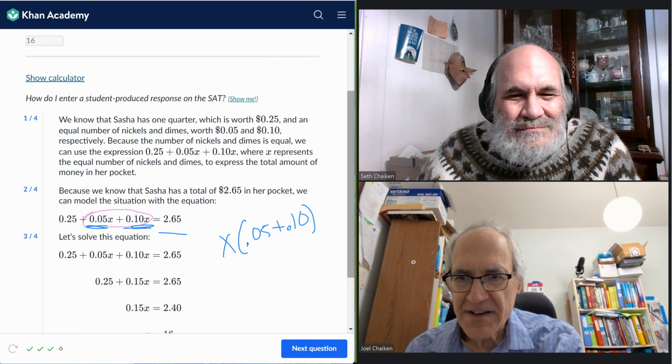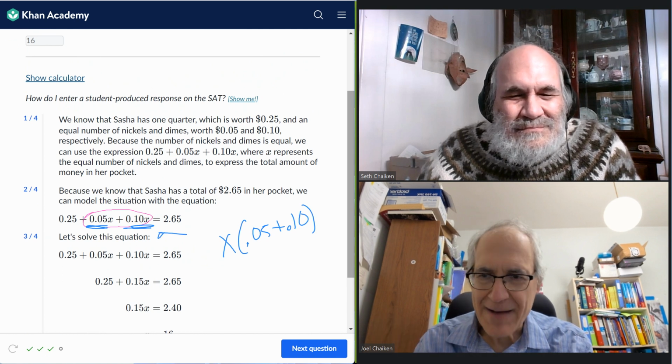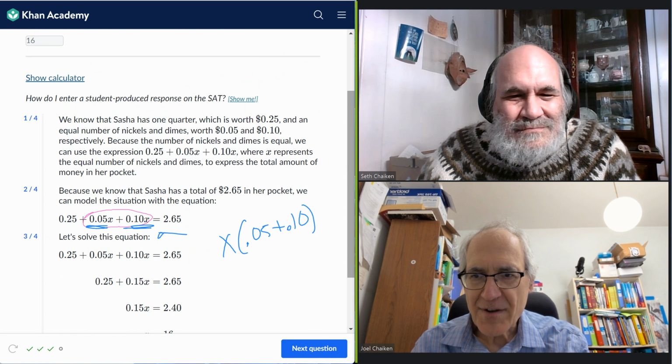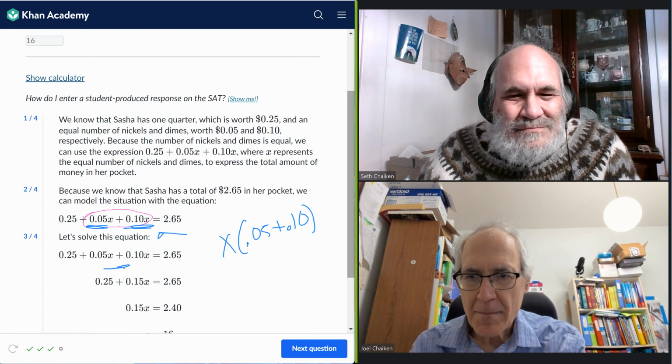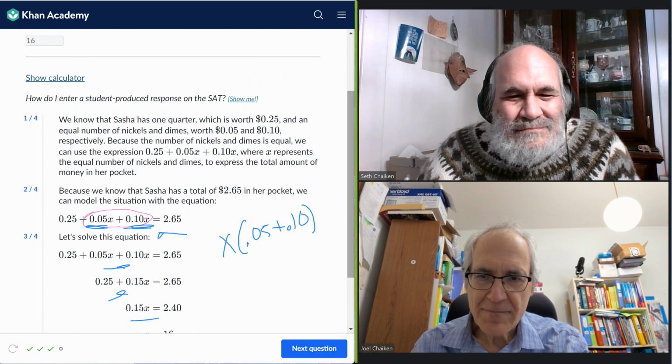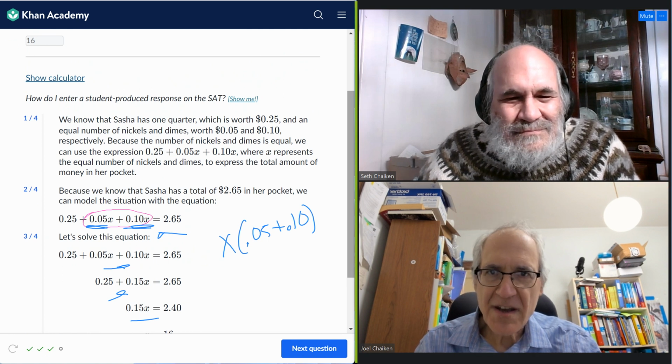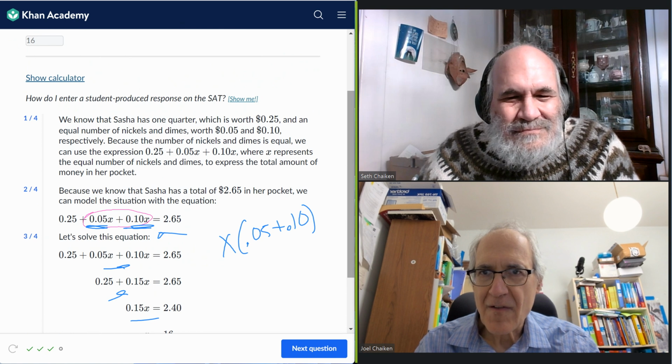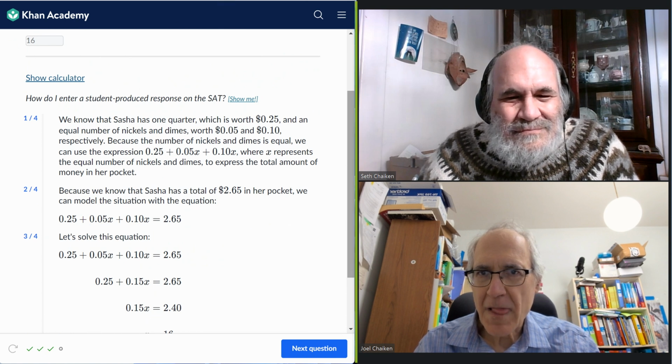But it's fine to split it up. It doesn't take that much longer. And then you have to combine like terms, and then you solve, and then they show the answer. They show how to solve it. You divide both sides by 0.15.